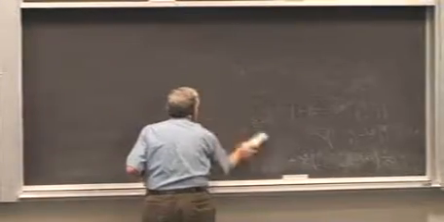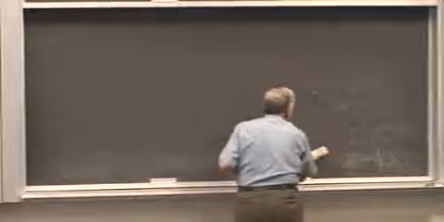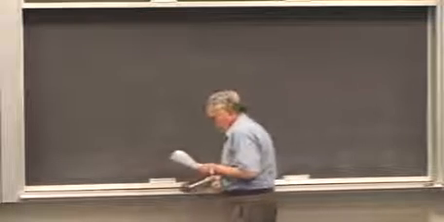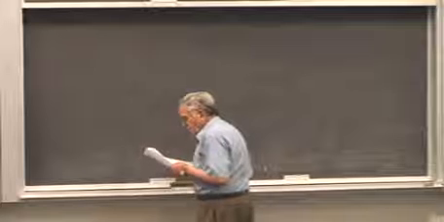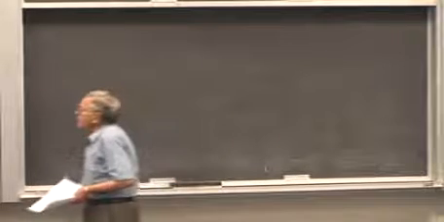So now you have to diagonalize it. Now the first one here is a multiple of the unit matrix, so it commutes with everything.